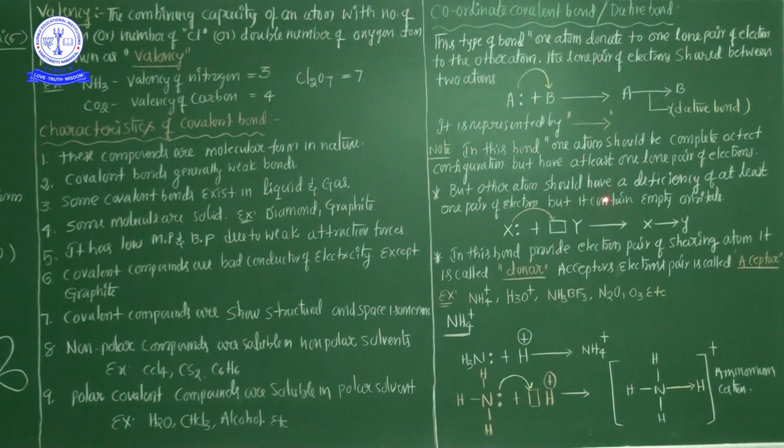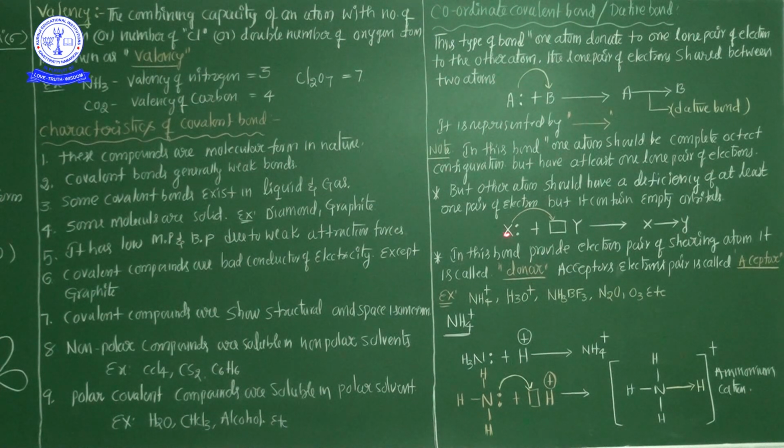but the other atom should have a deficiency of electrons, at least one pair, and it contains an empty orbital. So the first atom A is completely satisfied with the octet rule, but an extra lone pair of electrons is there. That extra lone pair is donated to another atom, which has a deficiency of electrons and an empty orbital.